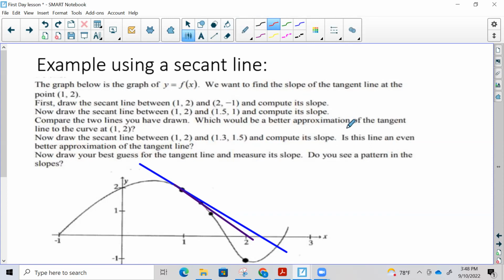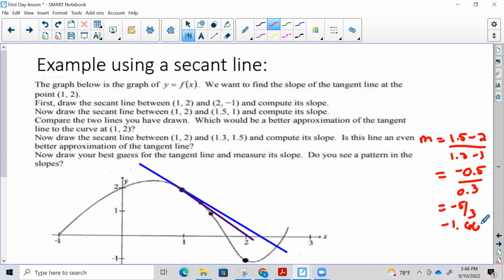And we'll find that slope, which is 1.5 minus 2 over 1.3 minus 1. So we get -0.5 over 0.3, which gives us -5/3, or -1.66666.